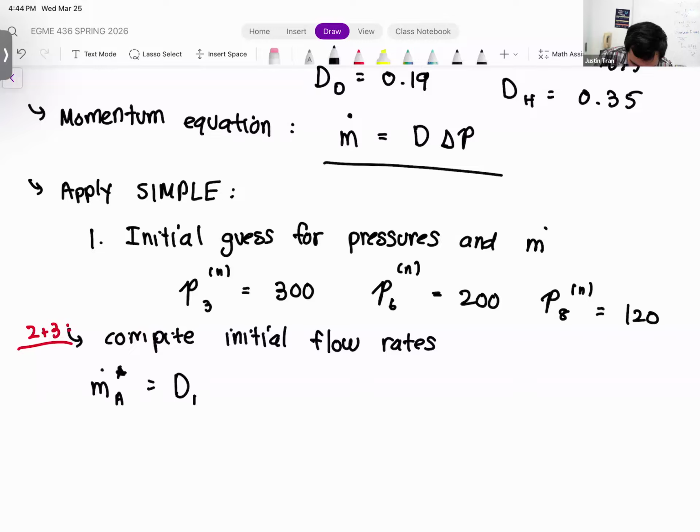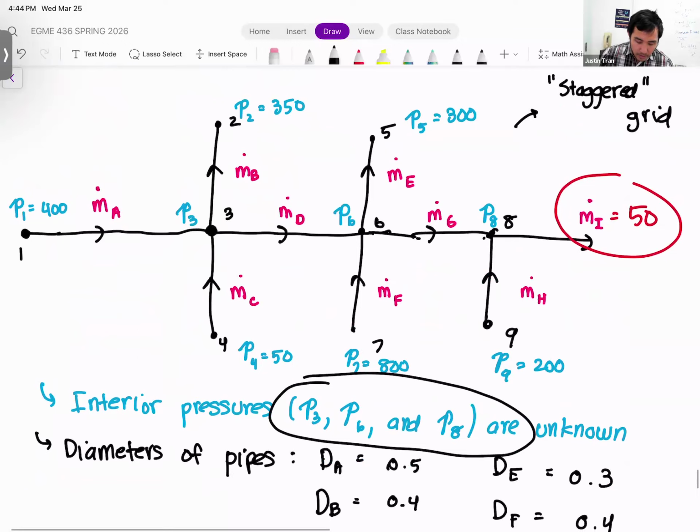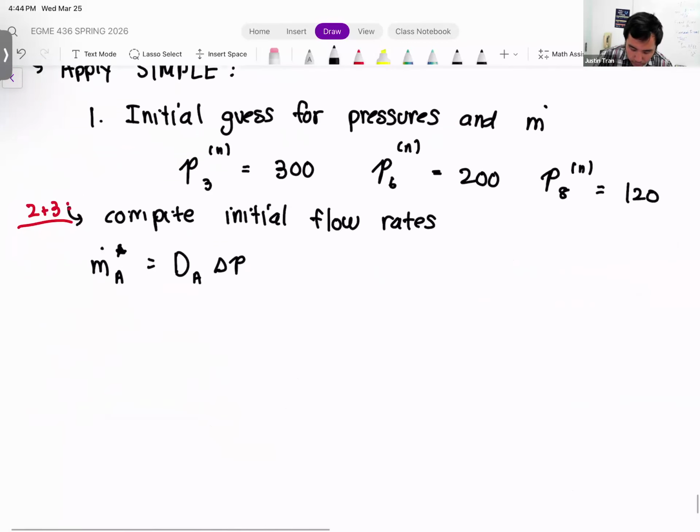So the mass flow rate is going to be the diameter of pipe A multiplied by the difference in pressure. Now this difference in pressure, we can have two different ways to do this, right? And so we go back to our figure here, we see that pipe A is between nodes 1 and 3, right? And so for delta P here, we can have either P1 minus P3 or P3 minus P1, okay?